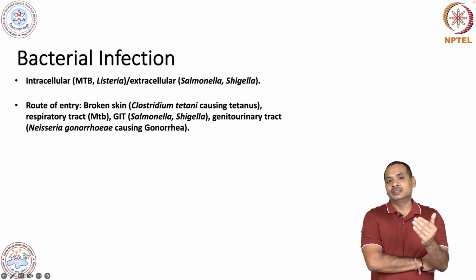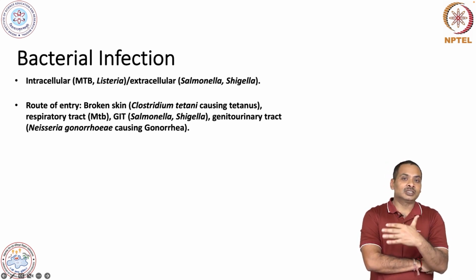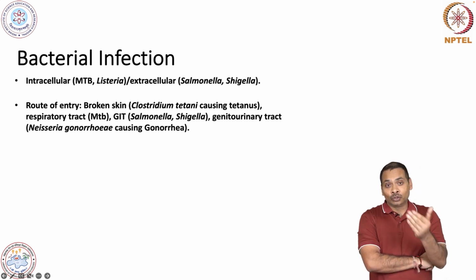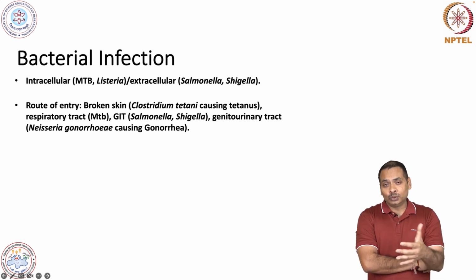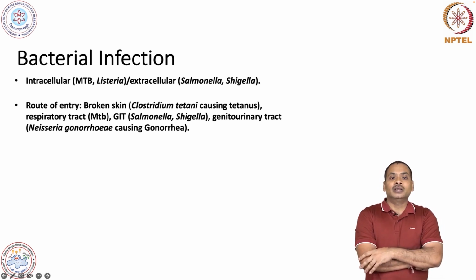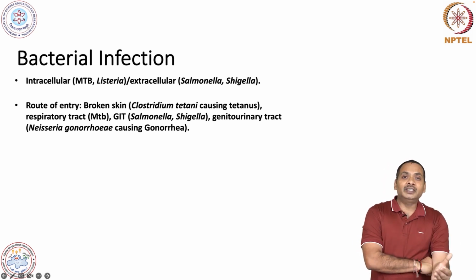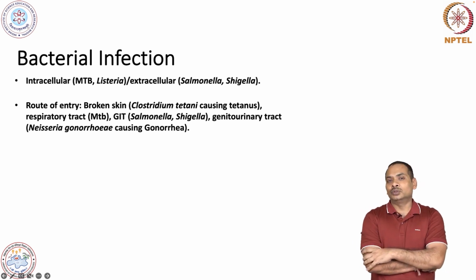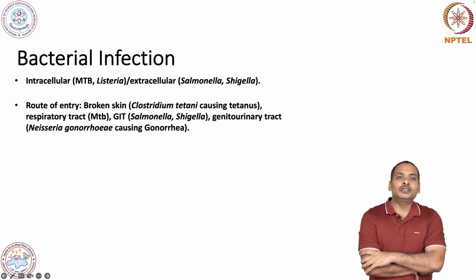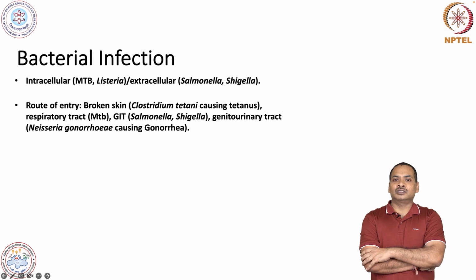There are so many viruses which can infect the host through the respiratory tract. To name a few, you have studied influenza, and you know very well SARS-CoV-2 is infecting through this respiratory route. Bacteria also can infect the host through this route, and one of the best examples is Mycobacterium tuberculosis infection.